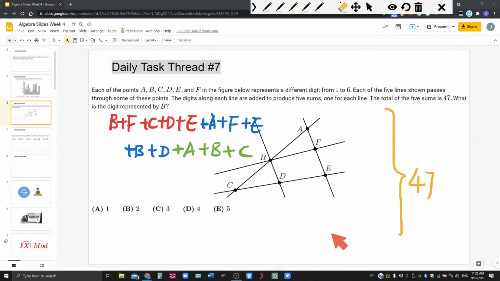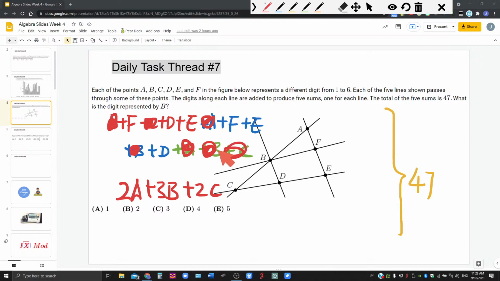Now, when we add them, let's count how many A's we have. We have 1, 2, right? That's 2 A's. So if we add them up, that's going to be 2A. How many B's do we have? We have 1, 2, 3, right? 3B. How many C's do we have? 1, 2. 2 C's.